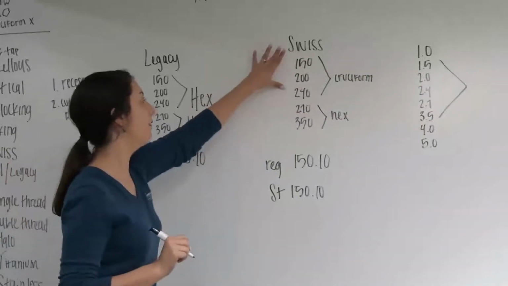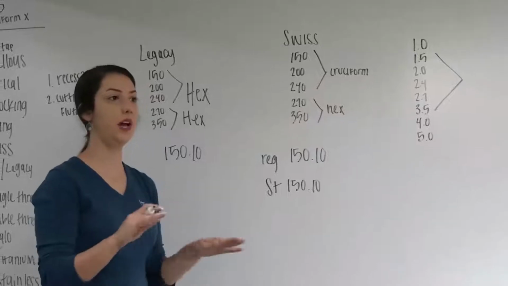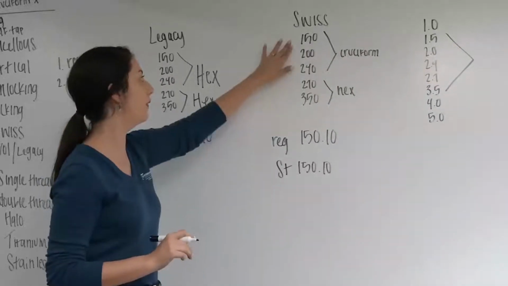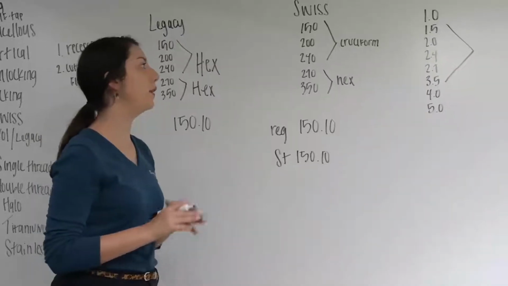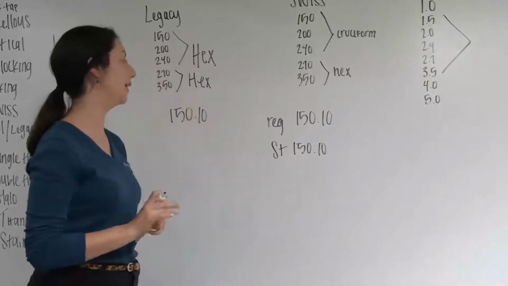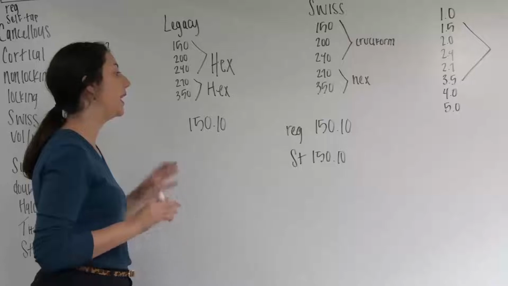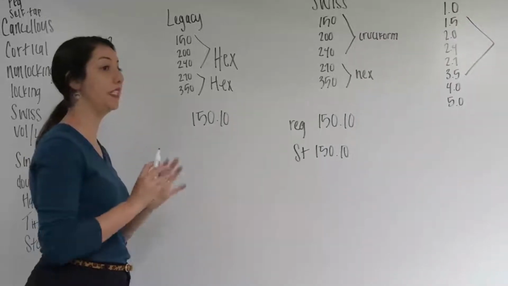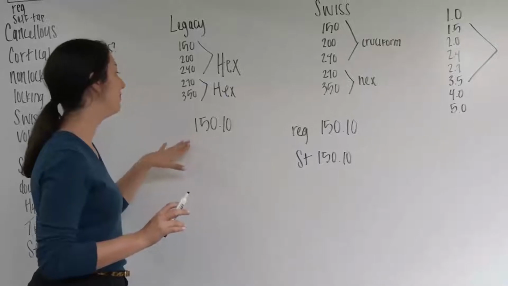In the Swiss family, these codes automatically mean it's cruciform because they only come in the recess at 1.5, 2.0, and 2.4 as cruciform. So if I'm looking at the same set of codes and I'm going to the VOI product line and I want a code that is non-self-tapping and it is a regular screw that's cruciform, it doesn't exist.